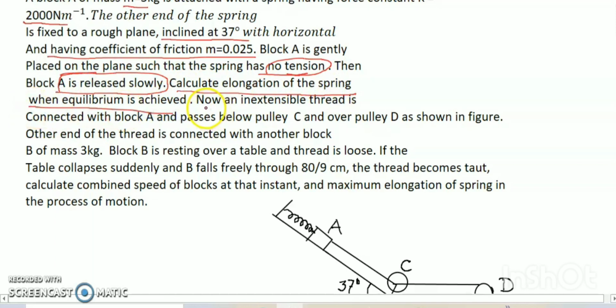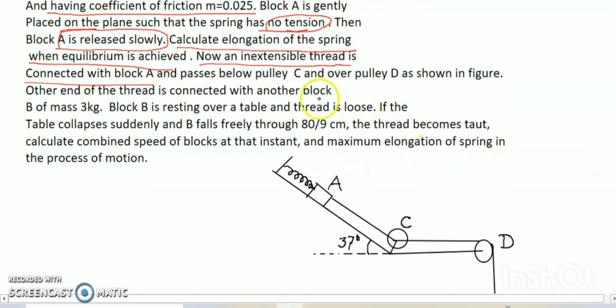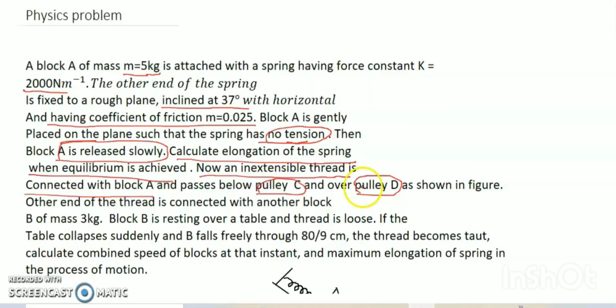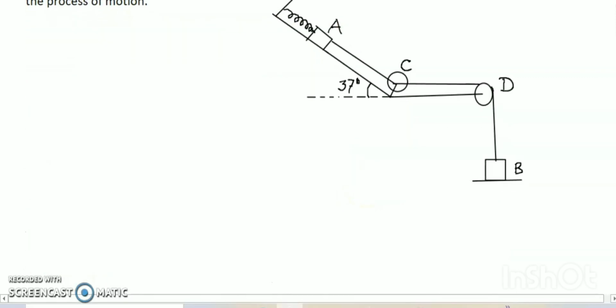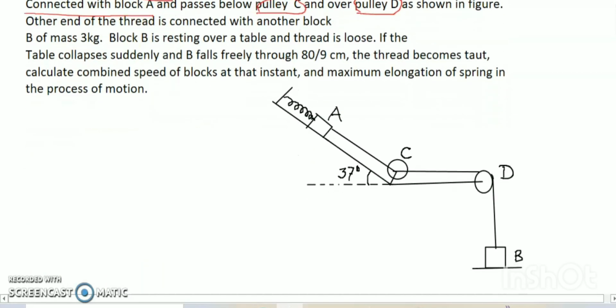Now an inextensible thread is connected with block A and passed over pulley C and pulley D, as shown in the figure. So friends, you see this is my figure.